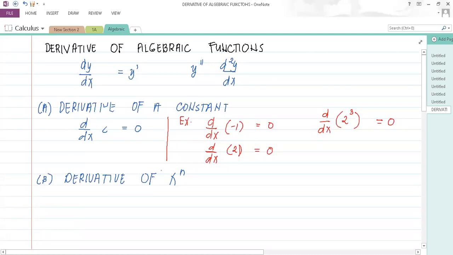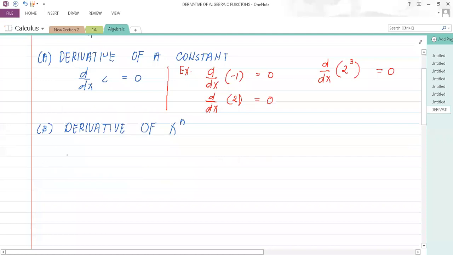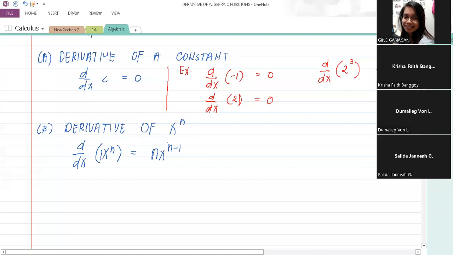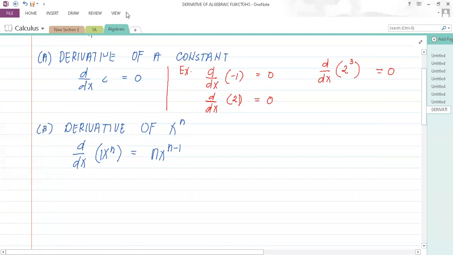The derivative of x raised to n, d/dx, is equal to, ang derivative niya, multiply niya natin yung n dito sa, say meron tayong 1 dyan. So n times 1, that is n. Copy x, then raise to n minus 1. This will be the general formula for the derivative of x raised to n.